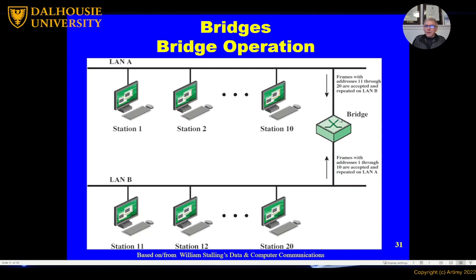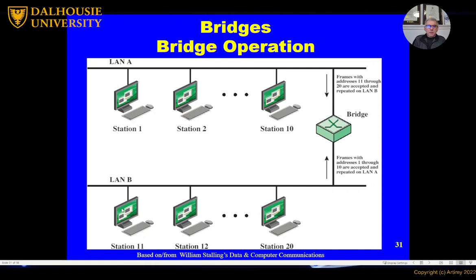The bridge looks at the frame and says, okay, this frame came from LAN A, so I'm going to pass it to LAN B. Now once it passes the frame to LAN B, station 11 looks at the destination address and says, okay, yeah, this is mine, and it will read it.